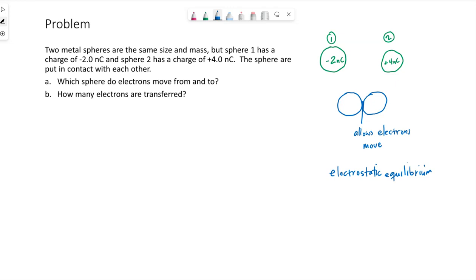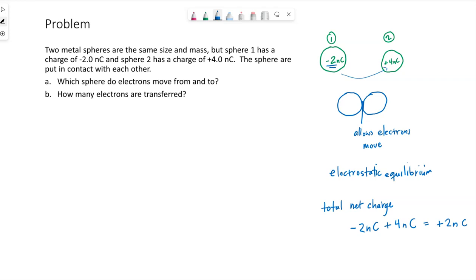Well, it's only electrons that can move, and so electrons are going to move from the negatively charged sphere to the positively charged sphere until there is an equilibrium. All right, so the total net charge, just in general, is going to be the -2 nanocoulombs plus the +4 nanocoulombs, so +2 nanocoulombs.